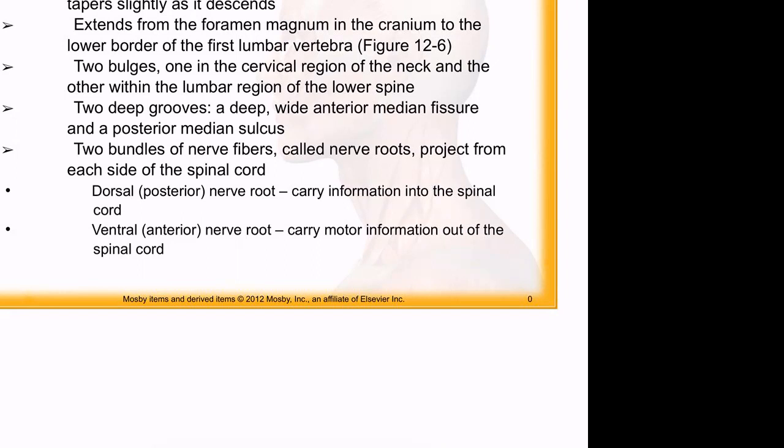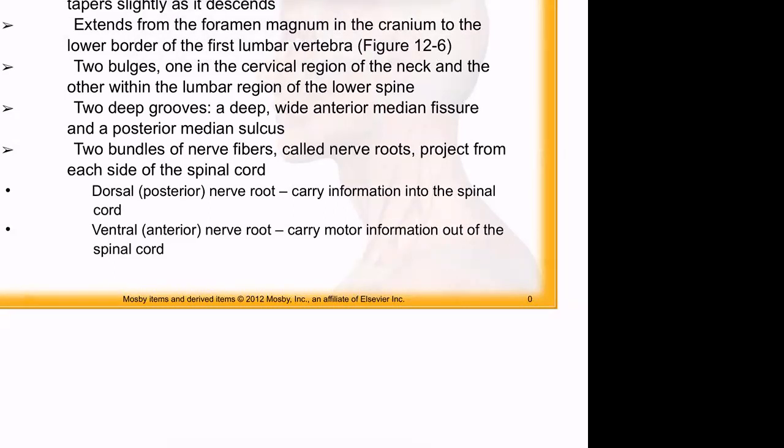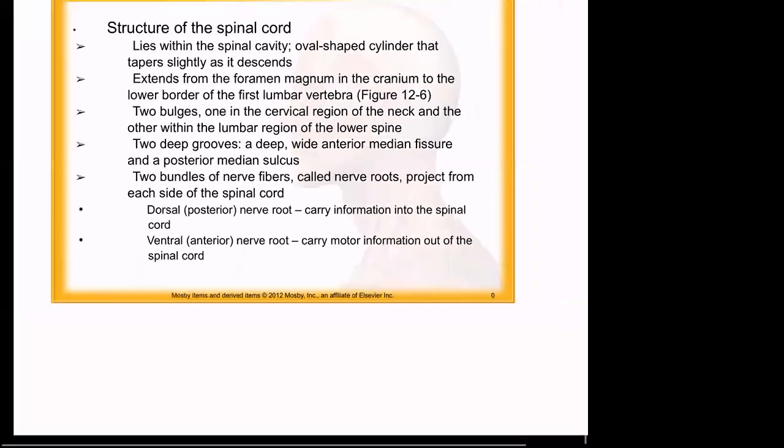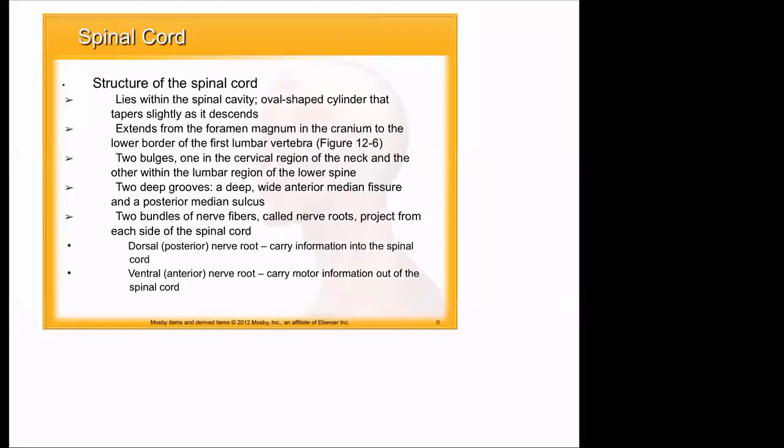Whereas the ventral nerve root is going to carry information away from the spinal cord. That's going to be motor information. In other words, saying, go do something, move an arm, move a leg, in its simplest forms. That knowledge comes in handy later on.